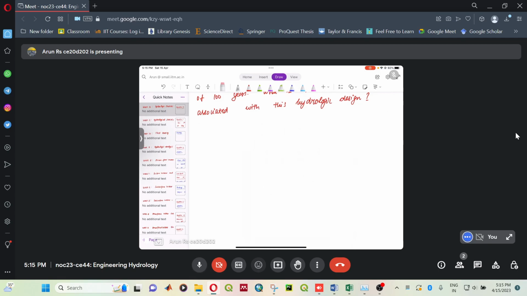So it is the probability of exceedance. Probability of exceedance is written as probability of x greater than xT, which can be written as 1 minus probability of non-occurrence, which is probability of x less than or equal to xT.